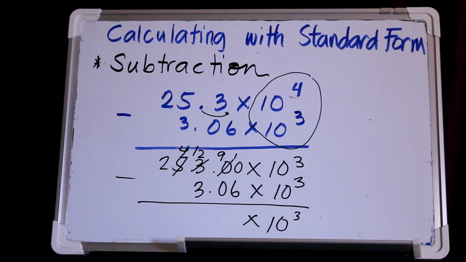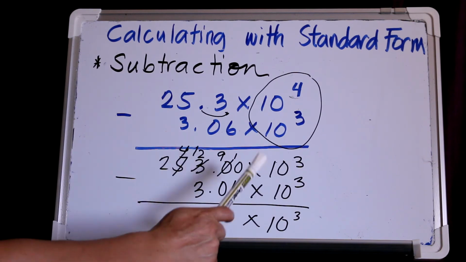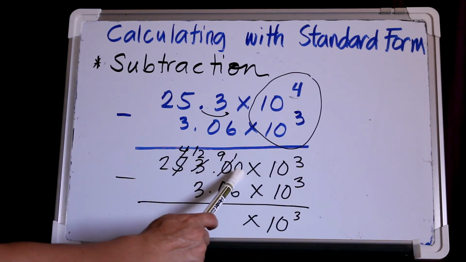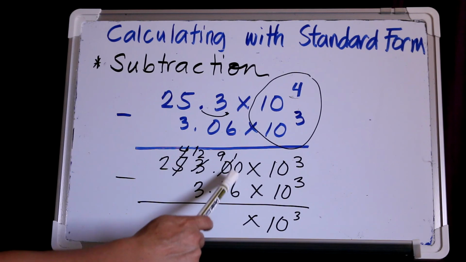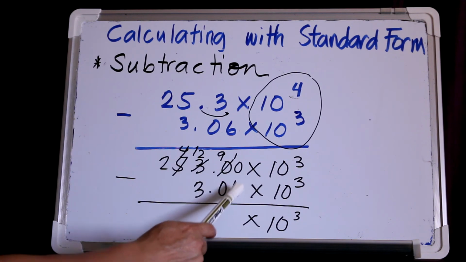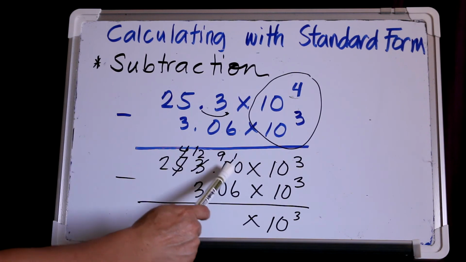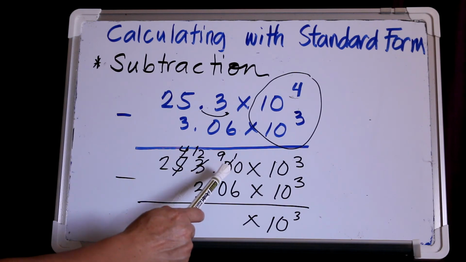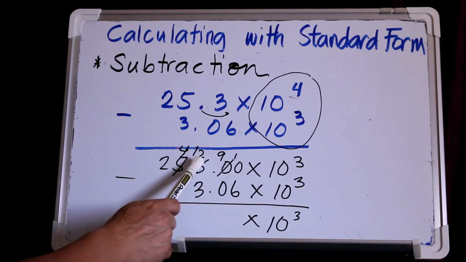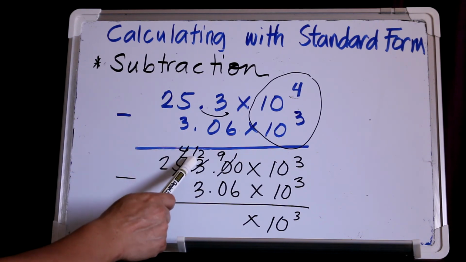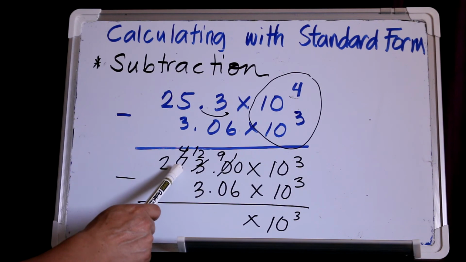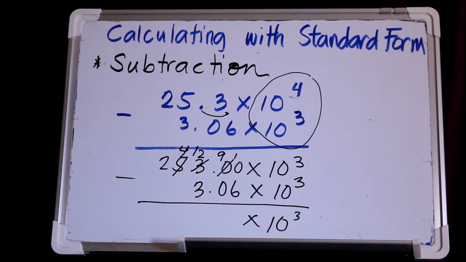Is that clear? What did we do? We borrow, since there is no number here, that means that is 0, and there is a number 6 here. So 0 becomes 10, and then borrowing from this side, this becomes 9, and this becomes 2 right here, which later on becomes 12, because we borrow also from 5 with 4.